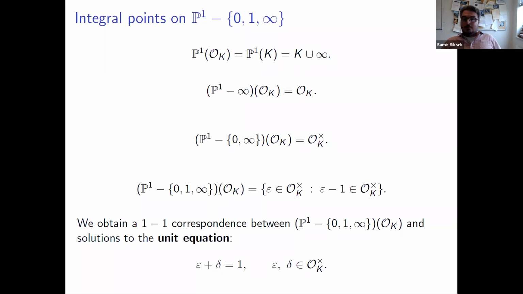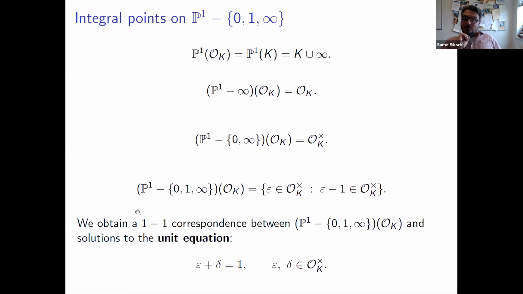So you end up with the integers of K. And then when you remove 0 and infinity, you're taking the elements of O_K and saying, I want to remove anything that reduces to 0 as well. So I end up with the units.